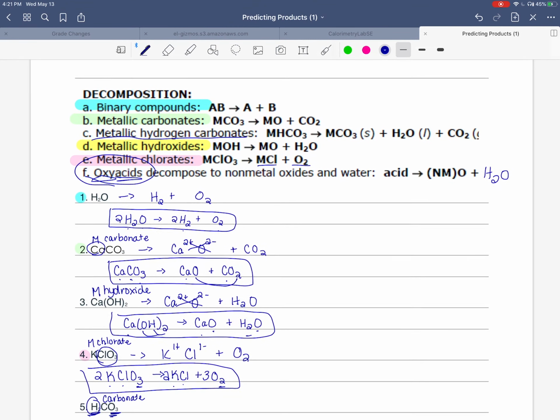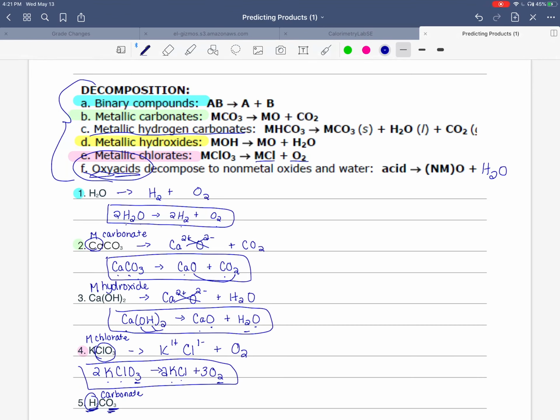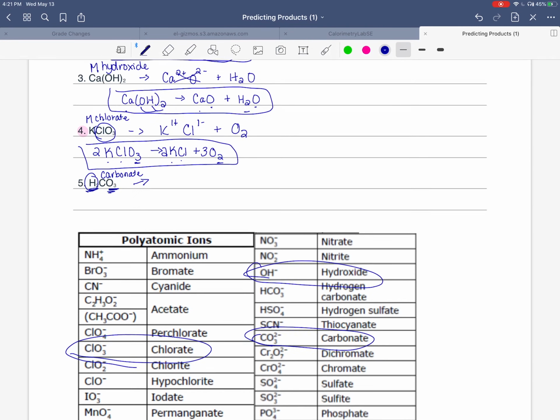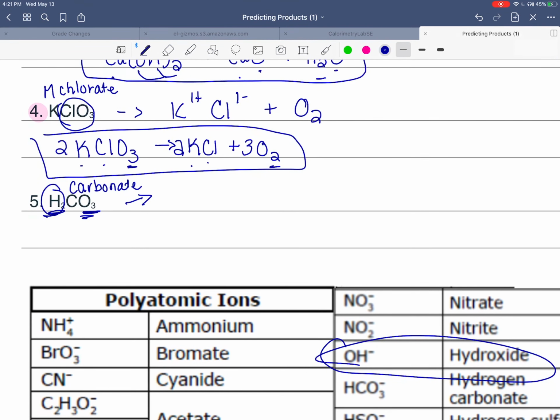This is all information that you have in your reference tables that you'll be able to use as you do your assignments. The trick that I have for decomposing acids or oxyacids is to simply subtract the water from the acid.